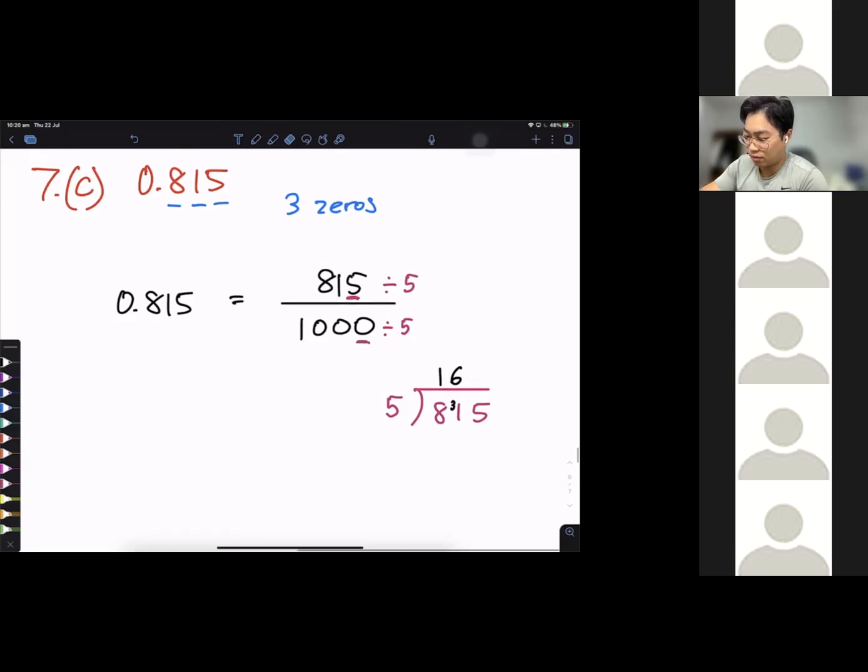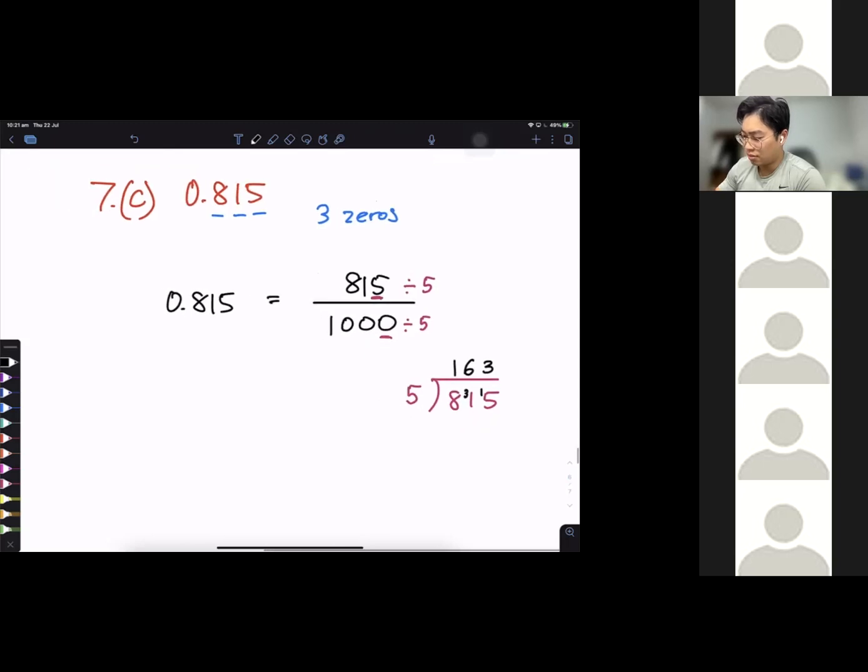Just 1, that's correct. And we carry that 1 to the next bit. We've got 15 now. What's 15 divided by 5? 3. 3, fantastic. And there's nothing left over because 5 times 3 is exactly 15, okay?